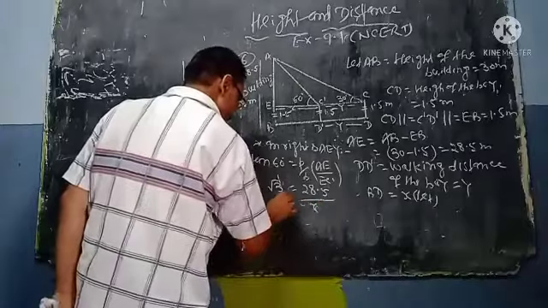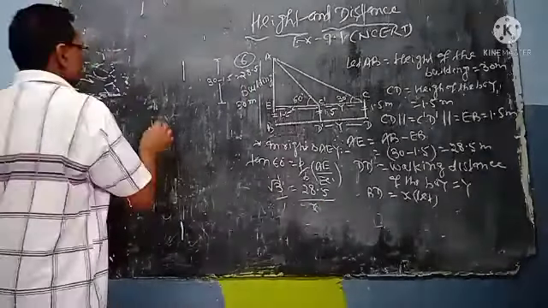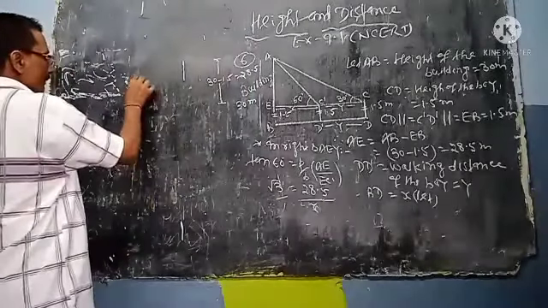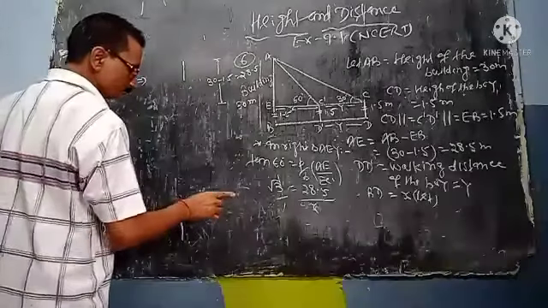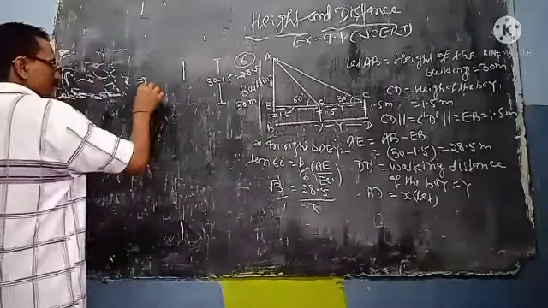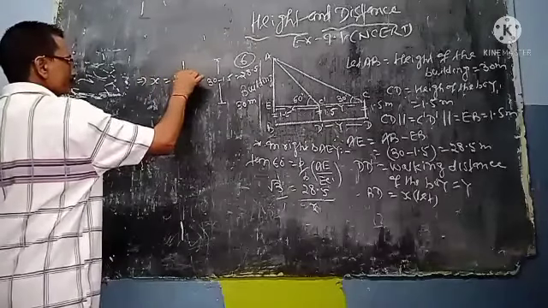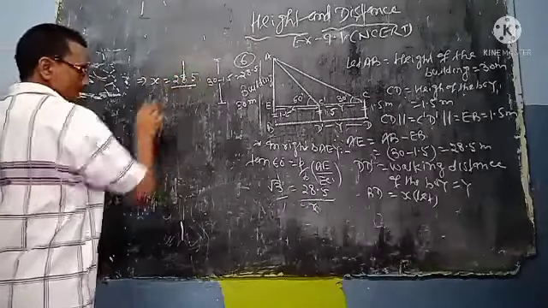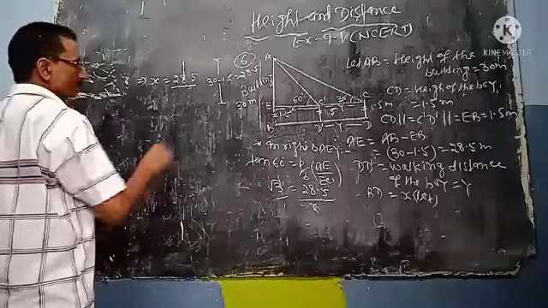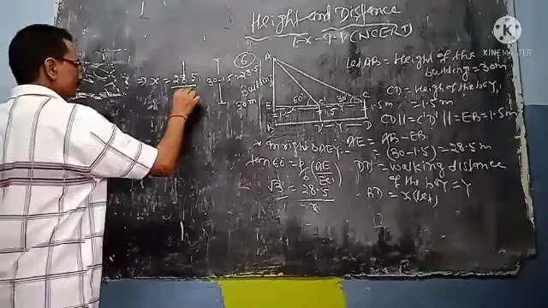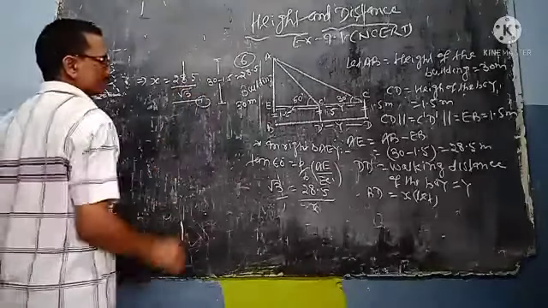So with cross multiplication, x equals 28.5 divided by under root 3. Suppose this is equation number one.